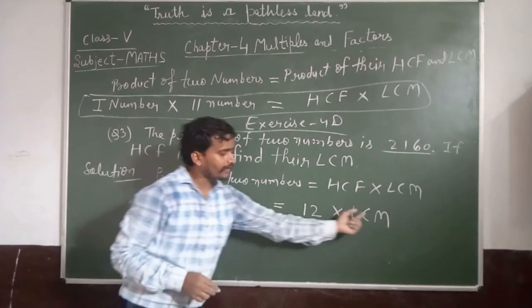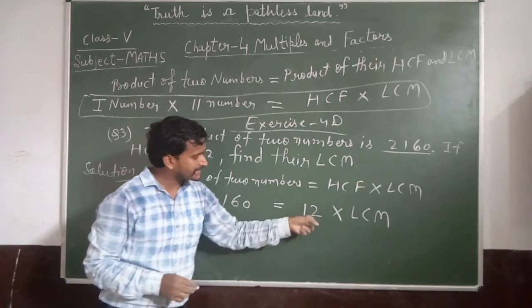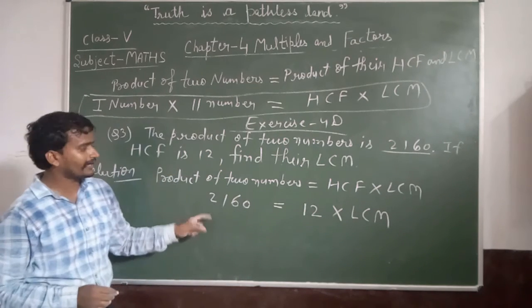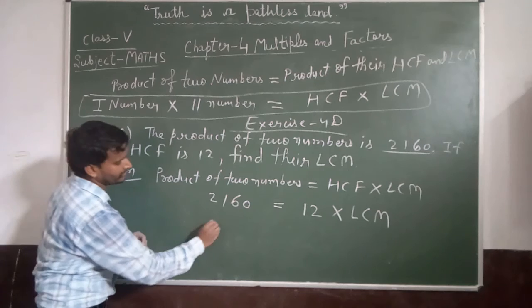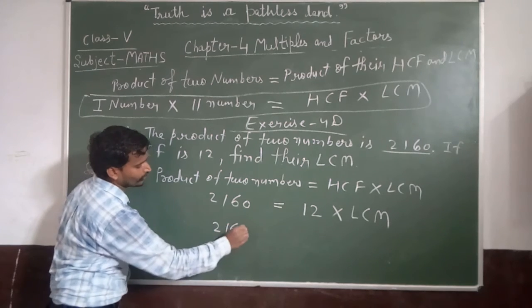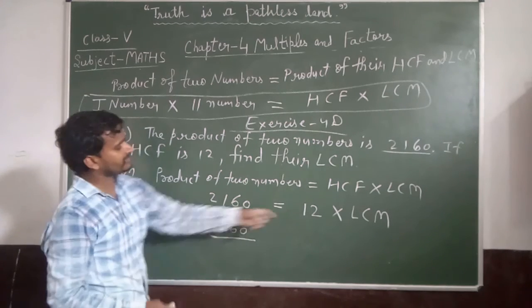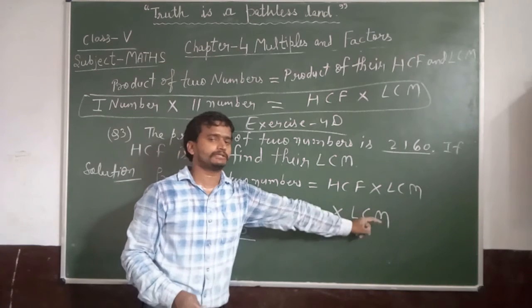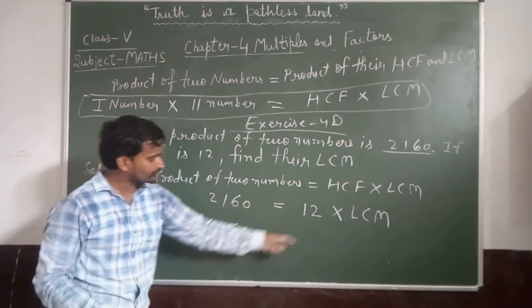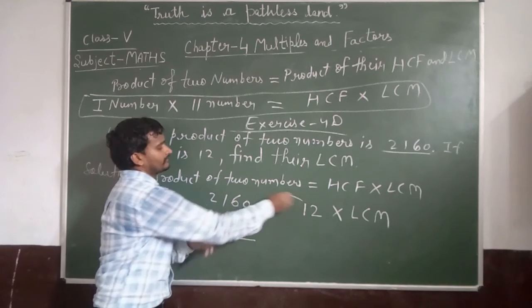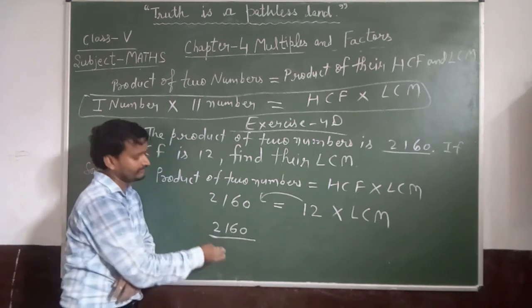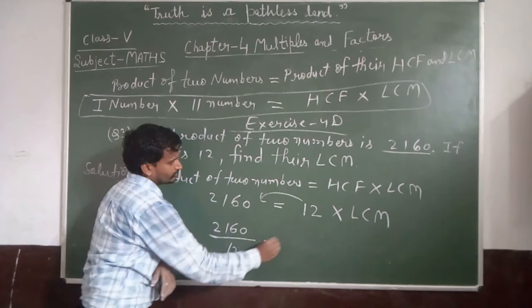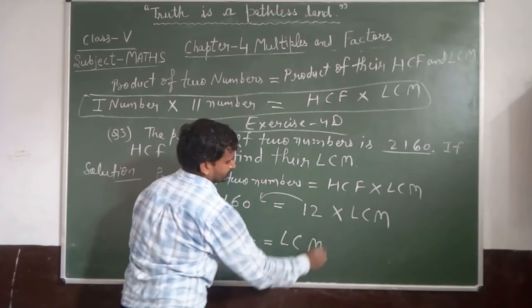Now for finding the LCM, we transfer this to other side. It will be 2160 upon 12, so when it transfers to the next side it will be in division, equals to LCM.